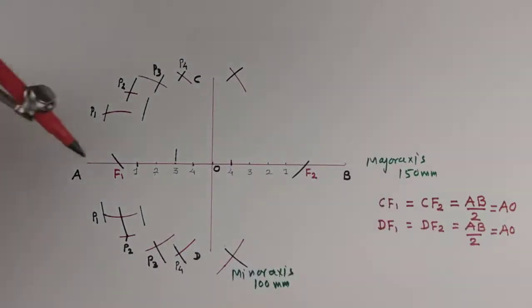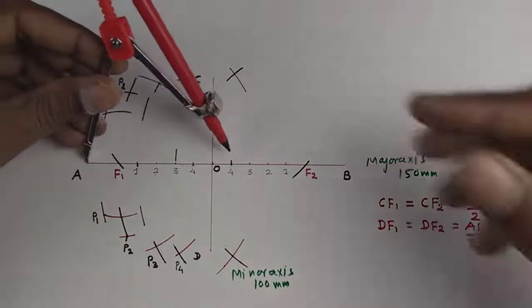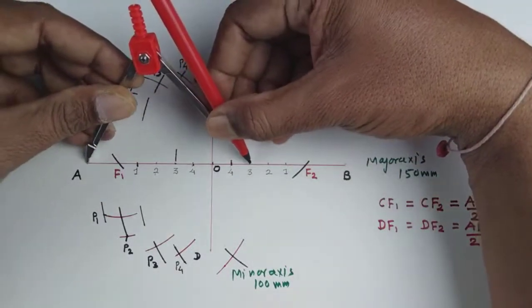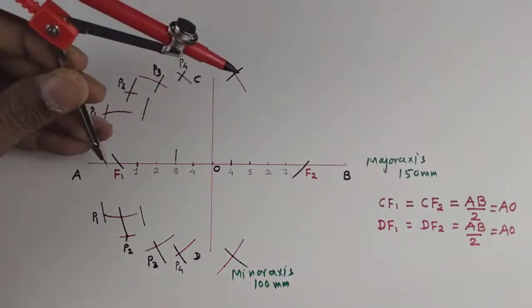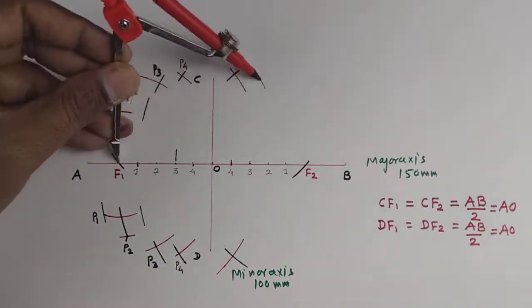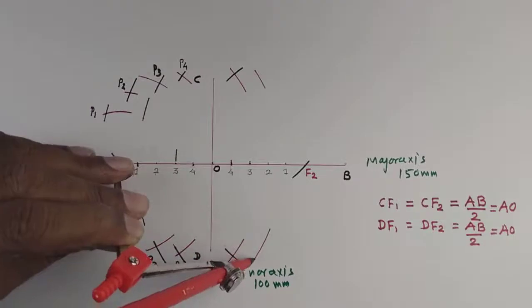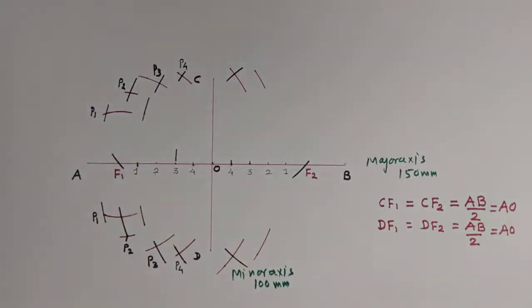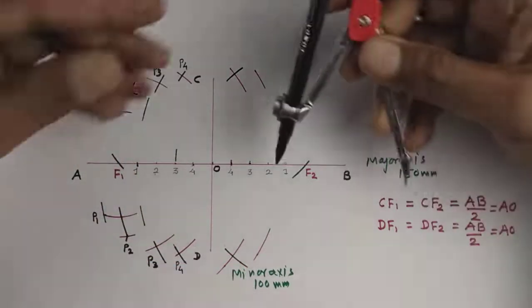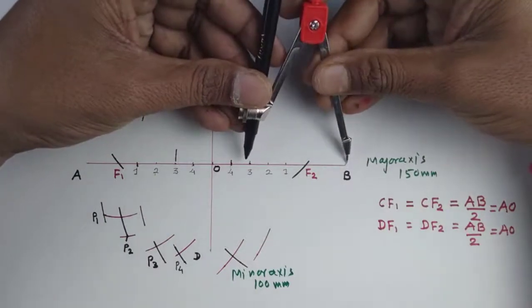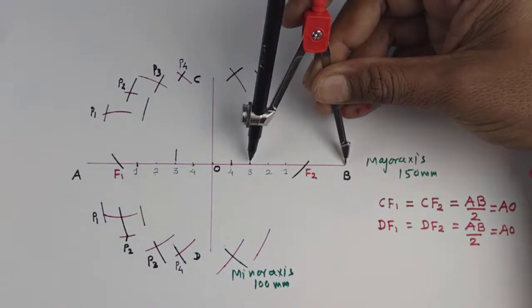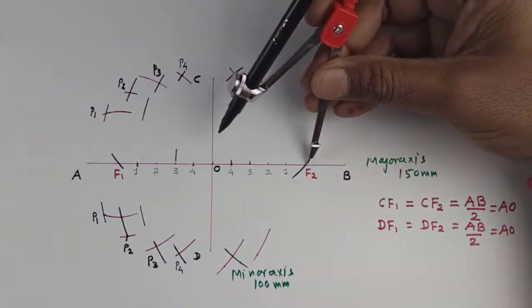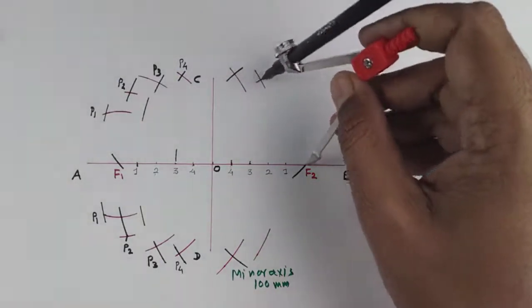Similarly, you can do for A3 point, F1 center, draw the arc. Now B3 point, your F2 it is a center.